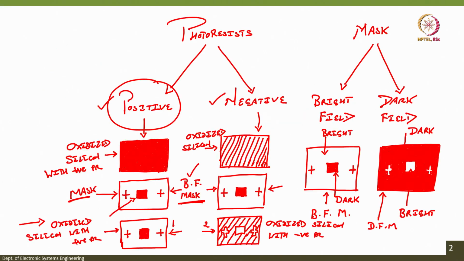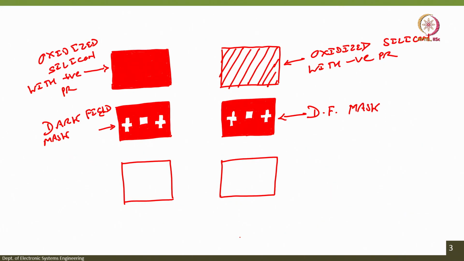See, in this case again, so that we do not forget, we have positive photoresist, we have bright field mask, we have the same pattern. With negative photoresist, we have bright field mask, we have the opposite pattern. What do you think, if we have positive photoresist with a dark field mask, what kind of pattern are you assuming?